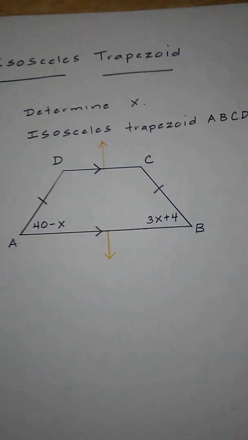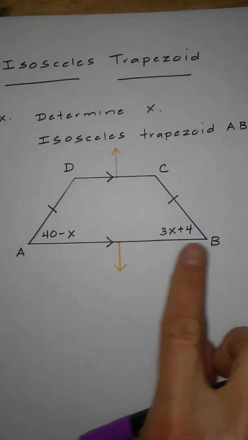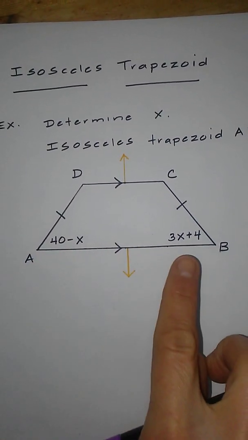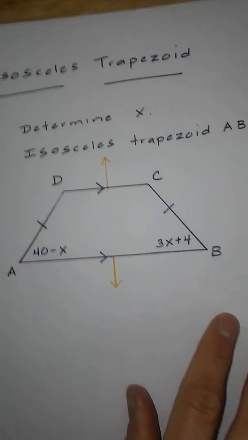This is the first example where I'm able to build a part equals part equation because the two expressions that I have are congruent base angles in the isosceles trapezoid.